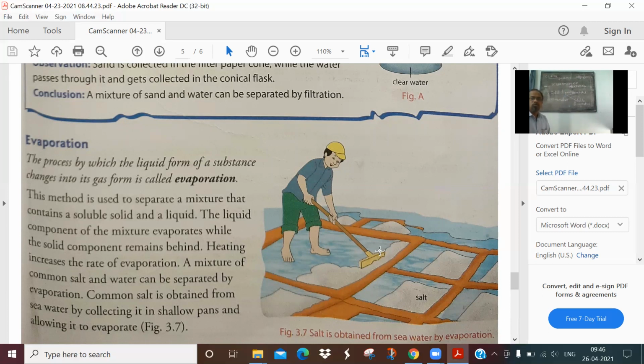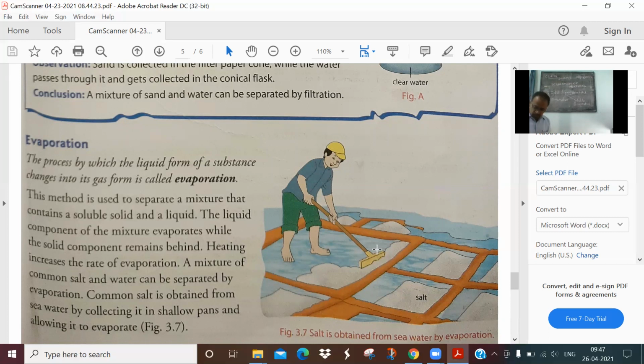That is a vapor. When it is allowed to cool, it forms the liquid back, the reverse process of evaporation. So for evaporation, we need to heat up the liquid materials. But for condensation, we need to cool down. So condensation is the reverse process. If you need to collect the liquid component also, then we go for the condensation process also.